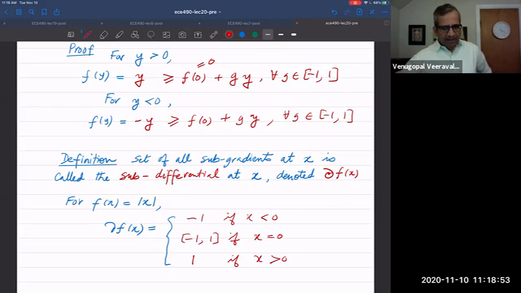Any questions? So remember, the subdifferential is not a function because it maps one value of x to multiple values, in this case, a set. So don't think of it as a function. Some people will think of this as a sign function, but it's not really a sign function because at x equal to 0, I have multiple values that it would take, so it's not a function.